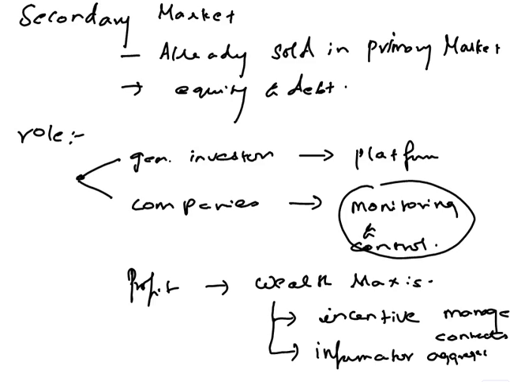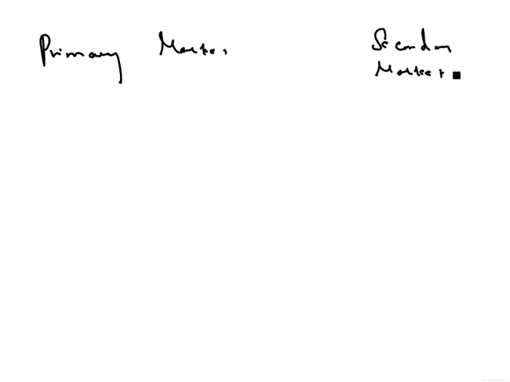Now let's see the difference between the primary and the secondary market. What are the major differences between the primary market and the secondary market? We already know this. In the case of the primary market, a fresh, new issue of securities will be done. But securities already sold in the primary market will be traded among investors in the secondary market.